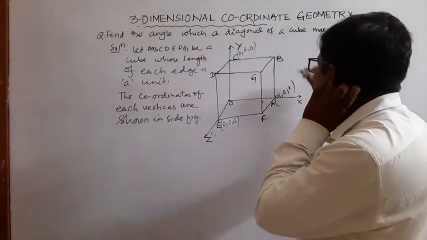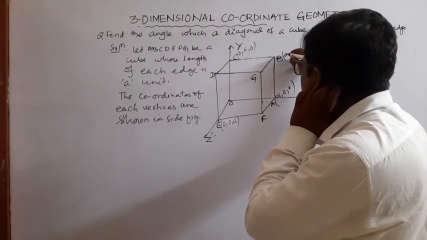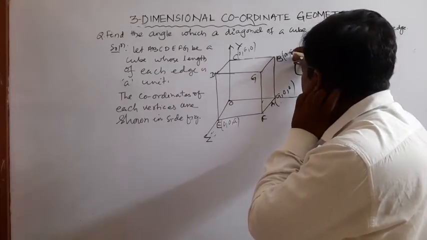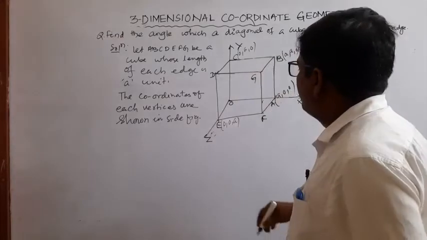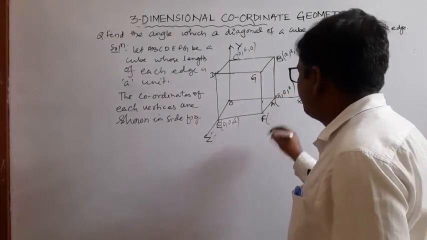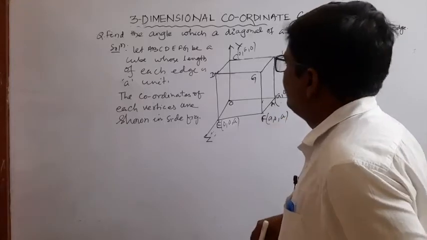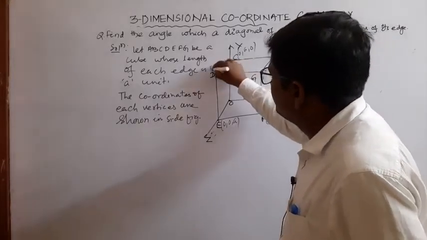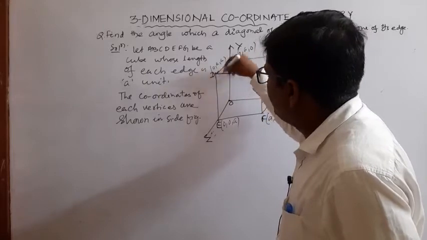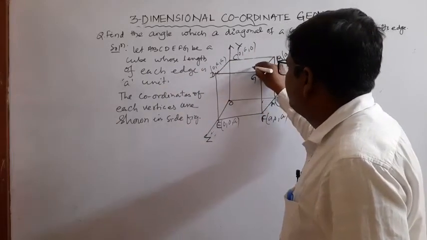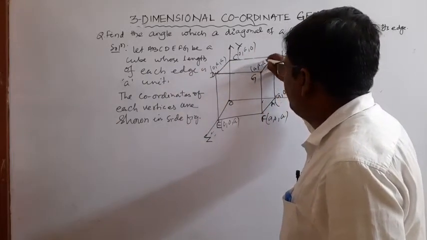B is on the XY plane, so (A, A, 0), and F is on the XZ plane, so (A, 0, A), and D is on the YZ plane, so (0, A, A), and G is in space, so (A, A, A).